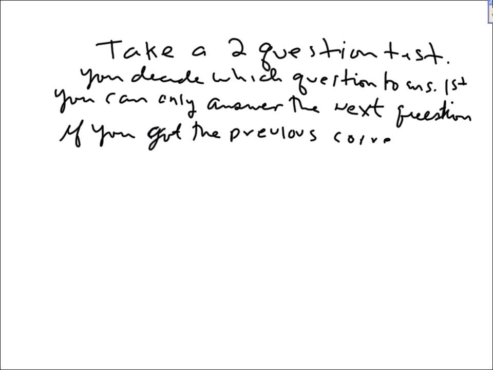That is, if the first question you answer is correct, then you can go on and attempt the last question. If you did not get the first question you attempted right, you cannot try the second question. So if you tried 1 first and you got it wrong, you can't even try number 2. If you tried 1 first and you got it right, then you can try 2.